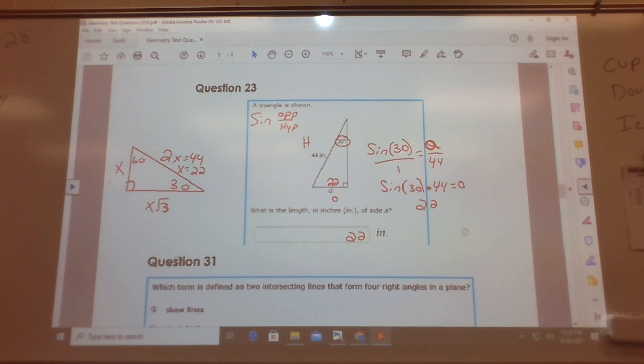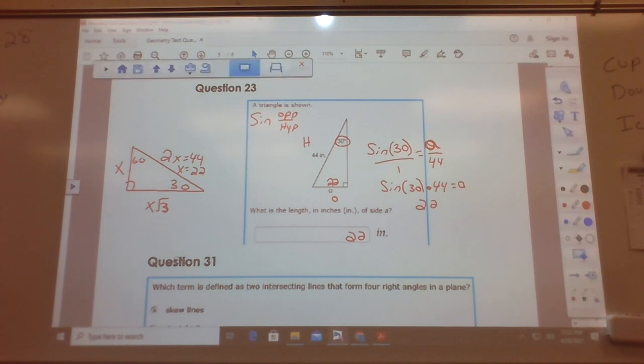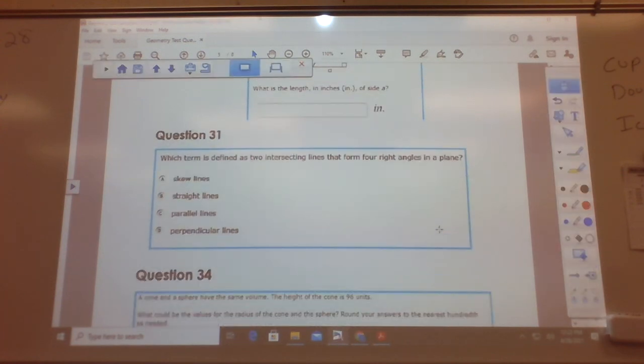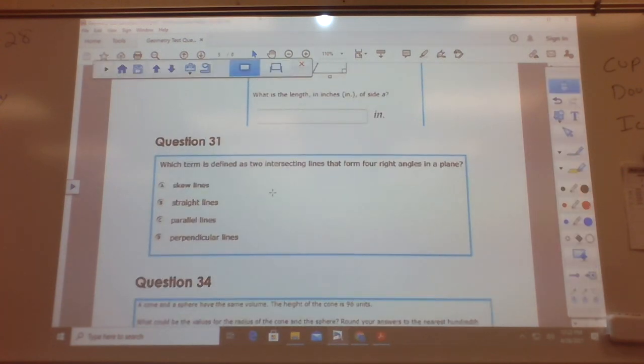Question there. This is the last one I'm doing for the day. Which term defines two intersecting lines that form 4 right angles? If I have 4 right angles, do I have skew lines, straight lines, parallel lines, or perpendicular lines?